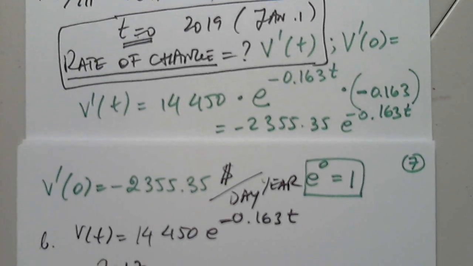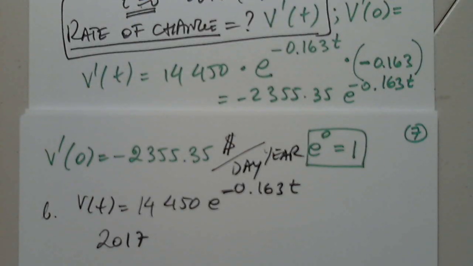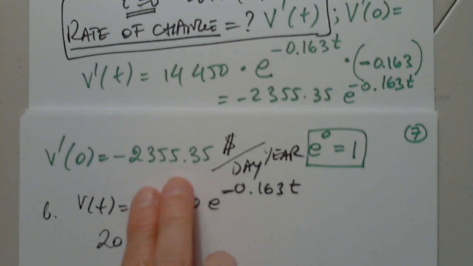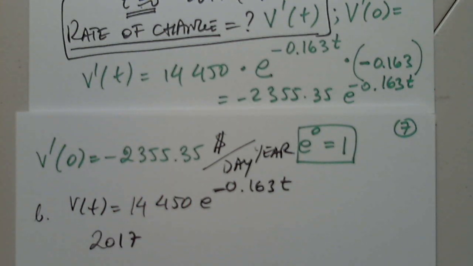So now what do we do to determine 2017? What should we do to find the 2 years prior? What do you think? We want to go back in time to find 2017. We have the value for 2019, but we want to determine the value in 2017.